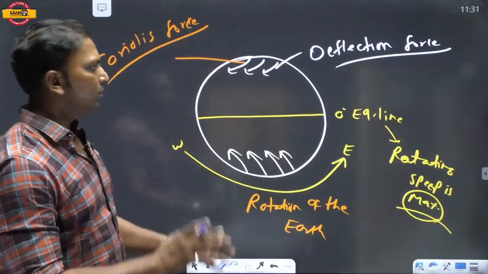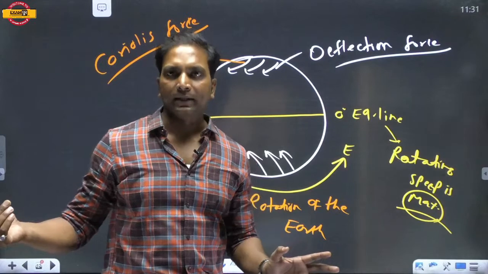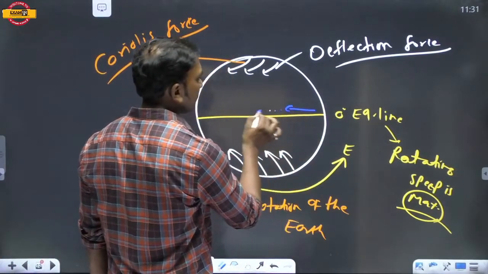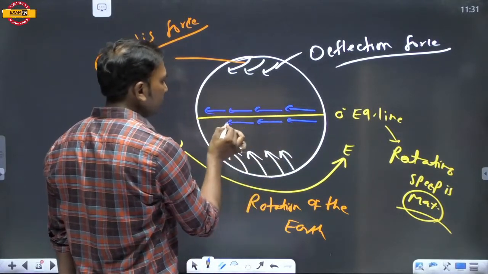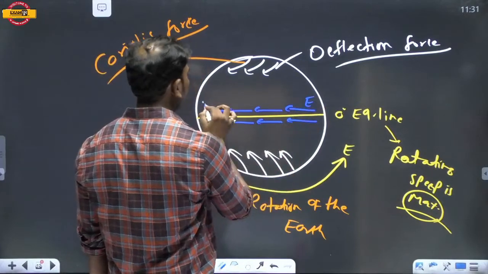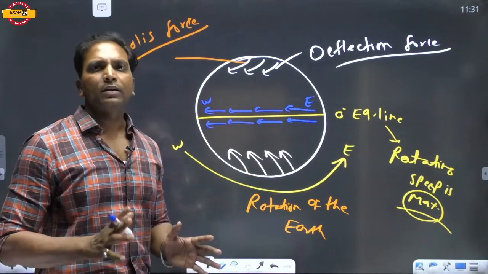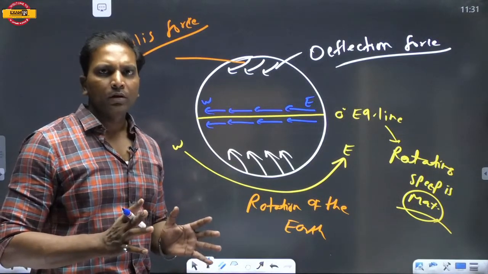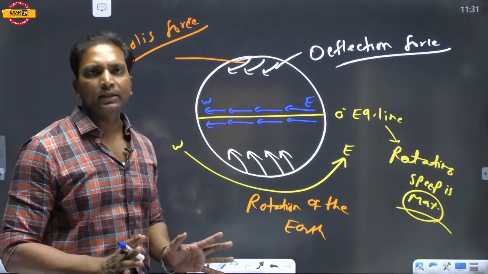So when the solid part is moved ahead, the liquid part will be left behind. And now you see there is a movement of oceanic water from east to west. Now you see from east to west in the Pacific, in the Atlantic Ocean, in the Indian Ocean, you can see these currents in those three oceanic regions.